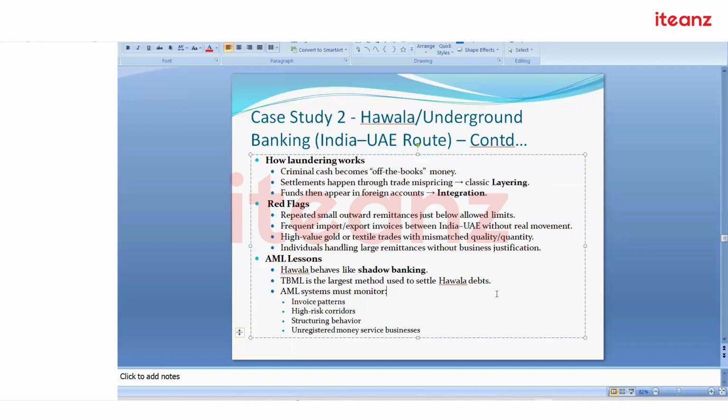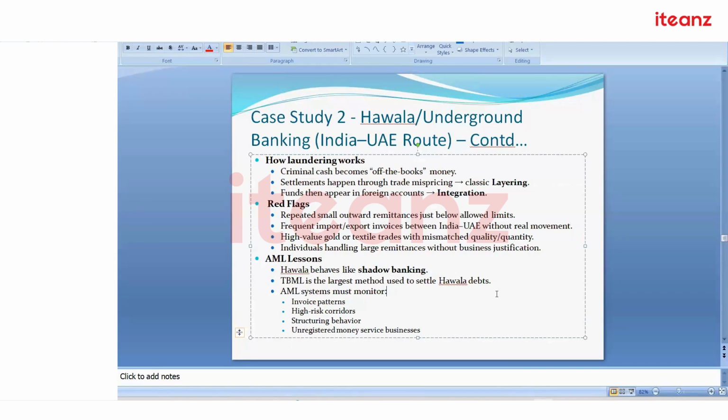So how does it happen? Let's say you have betting. Betting is illegal in India, right? There is one place called Goa where casinos are there, and that is the only place where it is legal. Anywhere else, it is illegal.